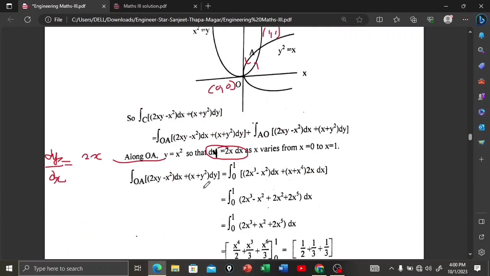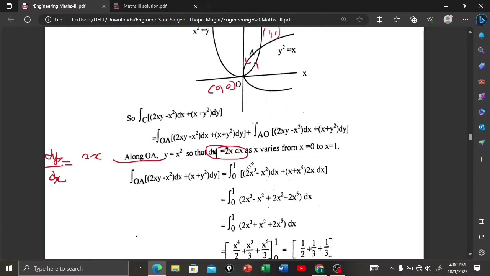Now this will be changed into 2x times y, and y is x square, so 2x times x square is 2x cube, minus x square, dx, plus x plus y square. Y is x square, and y square will be x square whole square, which is x to the power 4, and dy is 2x dx.